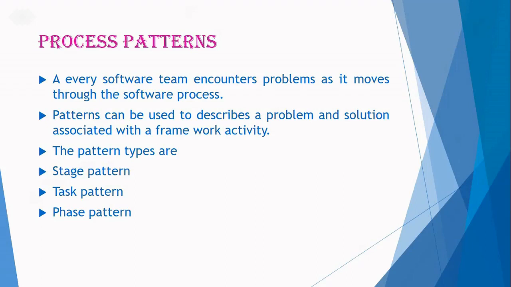Example, requirements gathering. And now come to the phase pattern. Phase pattern defines the sequence of framework activities that occurs within the process, even when the overall flow of activities is iterative in nature. Example, spiral modeling and prototyping.